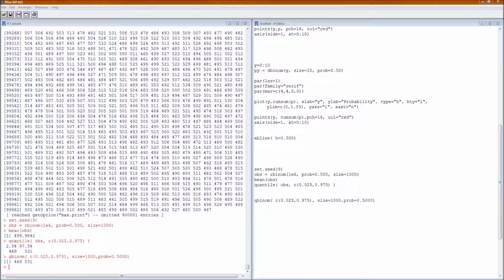Proportion of people supporting a specific candidate. Two possible outcomes. They support the candidate, they don't support the candidate. Smokers, they smoke, they don't smoke. Red M&Ms, it's a red M&M, it's not a red M&M. Notice two possible outcomes. A success, something that we define as a success, and a failure.